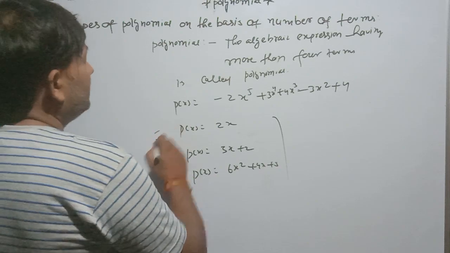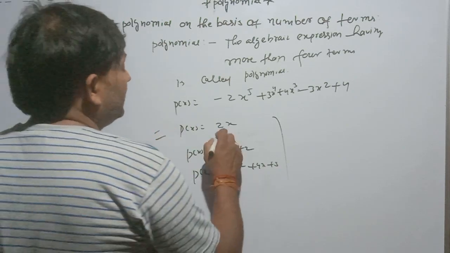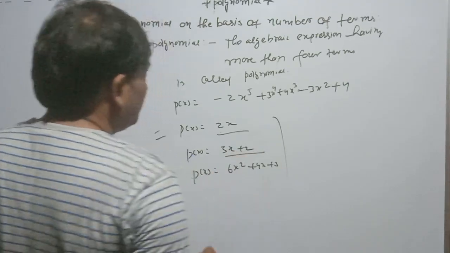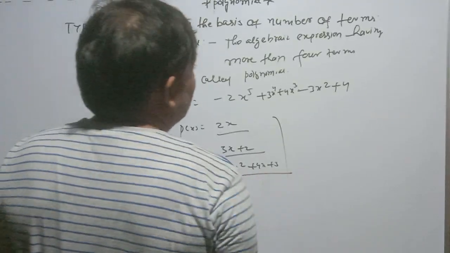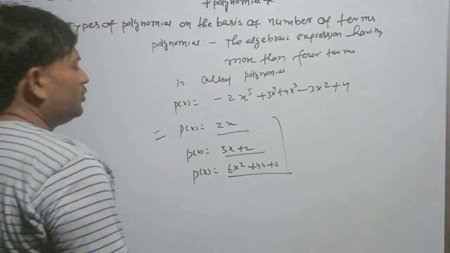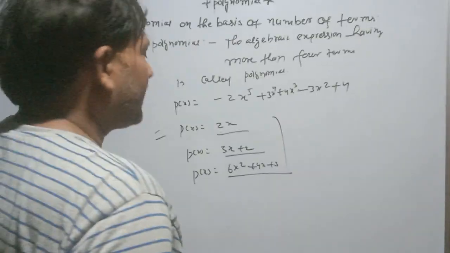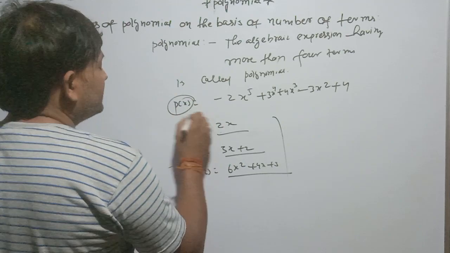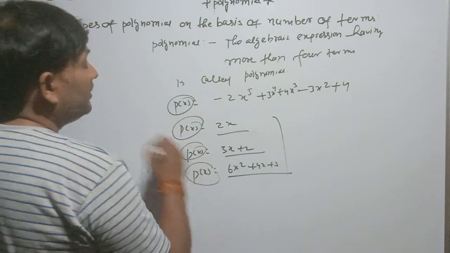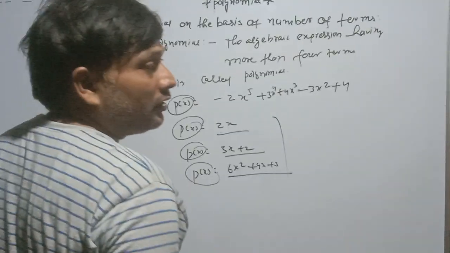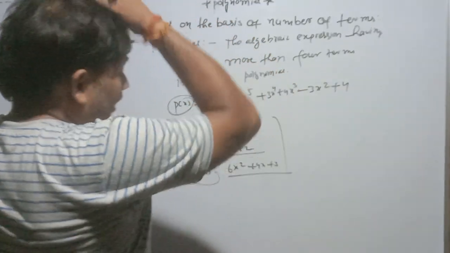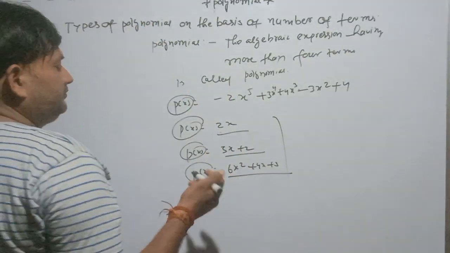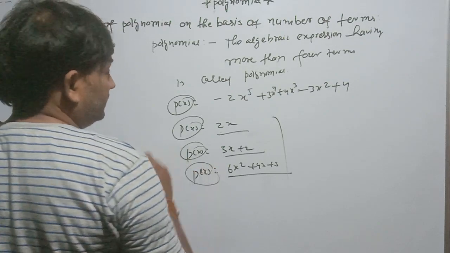You have to read polynomial in degree, in terms of 1, polynomial in terms of 2, polynomial in terms of 3rd. Only we have to change the name: monomial, binomial, trinomial. Getting? This is a polynomial because the name is given p(x), p(x), p(x). Okay. In whichever variable the polynomial is coming, that variable should be written.